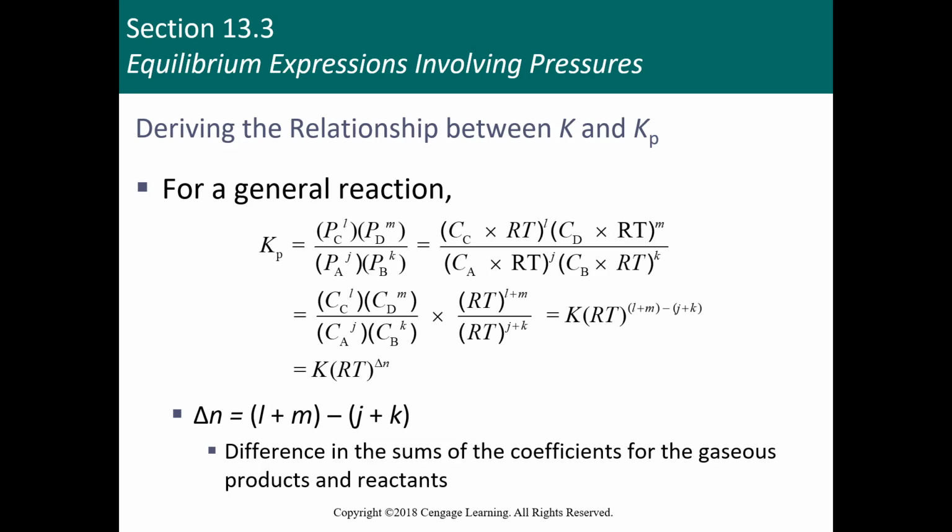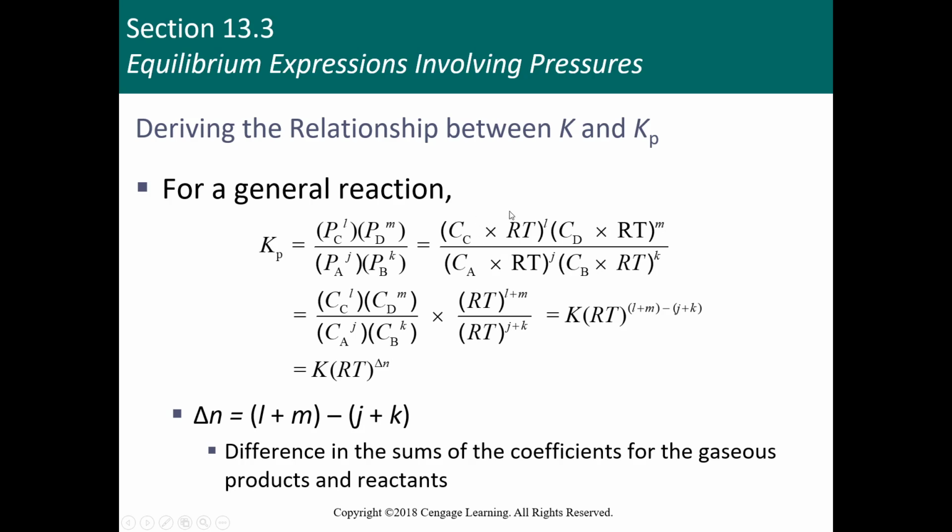Okay, so for our general reaction, if we were to do the math, we see that the Kp would have these coefficients right here. If we were to do each of these conversions, going from the pressure, we would have to take that pressure is equal to the concentration times RT. And so what we see is when we're looking at the concentrations times RTs, these would get distributed through their powers.